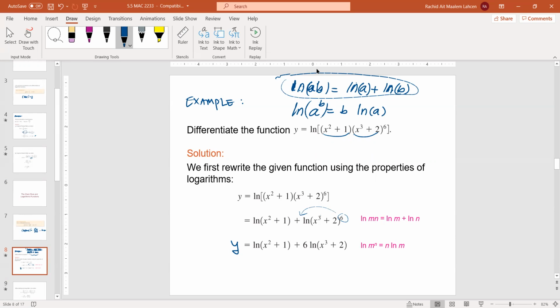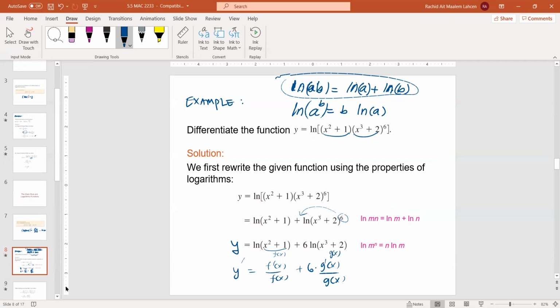So now we can apply the chain rule. For this one, this will be the f of x. So you're going to have f prime of x divided by f of x for the derivative. And if this is g of x, then you're going to have g prime of x over g of x.